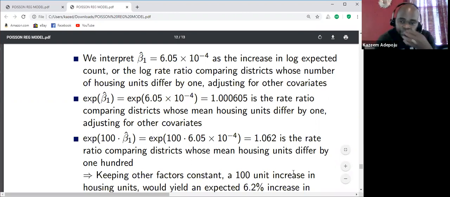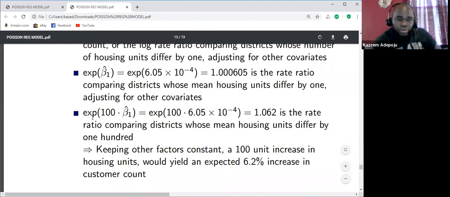So then if you look at the next one now, this 100 multiplied by beta 1 is going to give you the rate ratio comparing districts whose mean housing unit differ by 100. The one here is by 1 times that, that was why I multiplied this by 1 for units differing by 1.